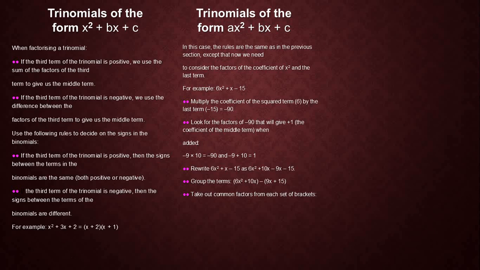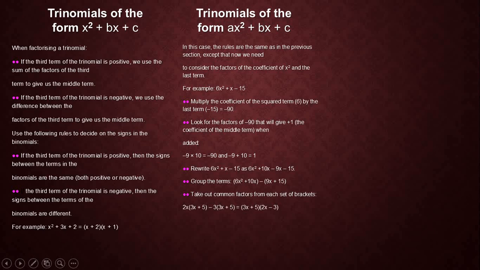Can 3 go into 9? 3, 6, 9. Yes, 3 times. Can 3 go into 15? 3, 6, 9, 12, 15. Yes, it goes in 5 times. So the common factor that you're going to remove from here is 3. There's a base of x in one and no base of x in the other, so the common factor between these two is just 3.